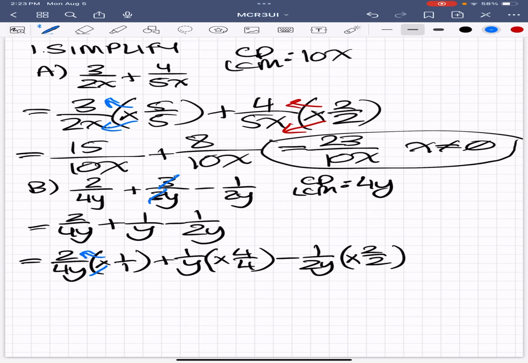So because we have a 4y already on the bottom, we just multiply it by 1 over 1. And you don't really need that there, but we're just going to do it for clarification. And then we have 1 over y multiplied by 4 over 4, the conjugate of 4 over 4. And then we have 1 over 2y multiplied by 2 over 2.